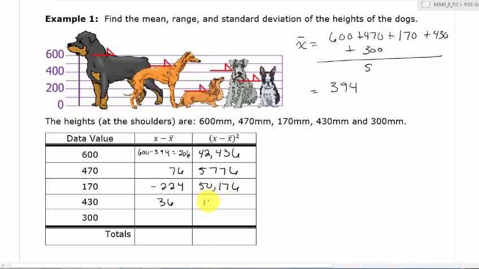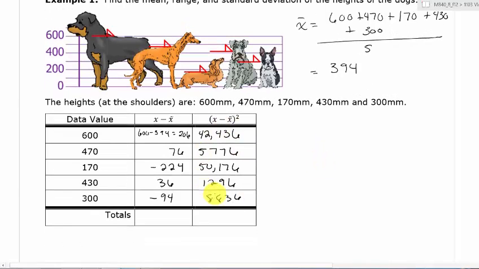Squaring that gives us 1,296. 300 minus 394 is negative 94. And then squaring that gives us 8,836. Now we want to add up this column.